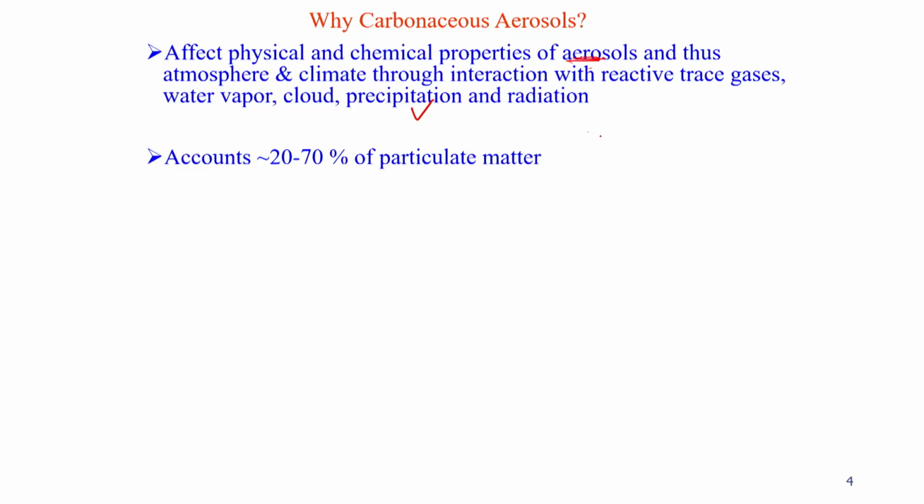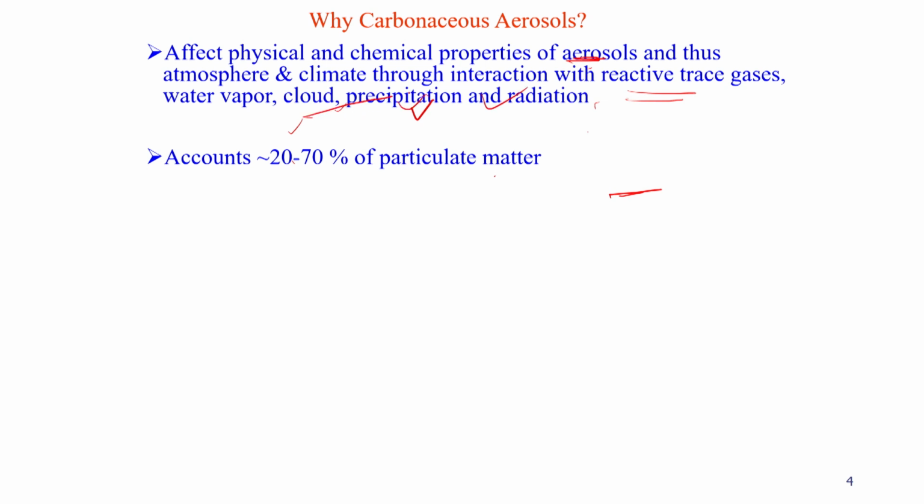We will discuss that one. Chemical properties also, because some of the species can be reactive, some can be non-reactive. Thus they affect the atmosphere and climate through interaction with reactive trace gases, which we will discuss later, and water vapor, cloud and precipitation and radiation.